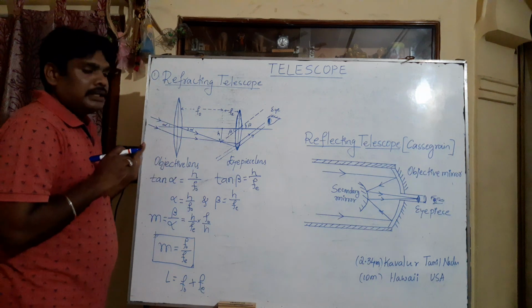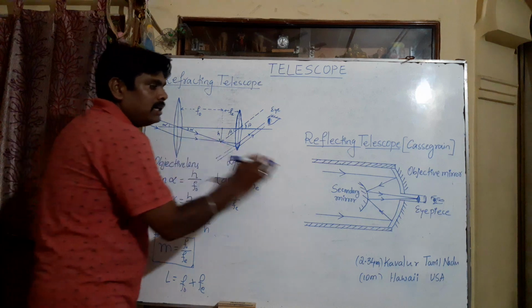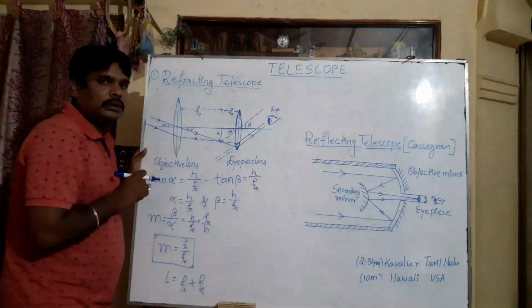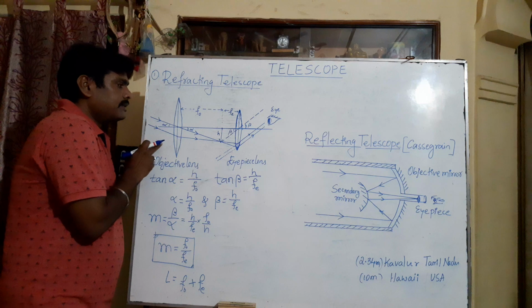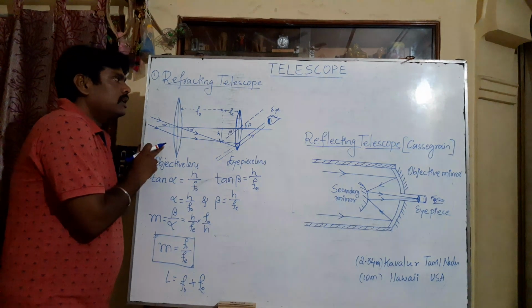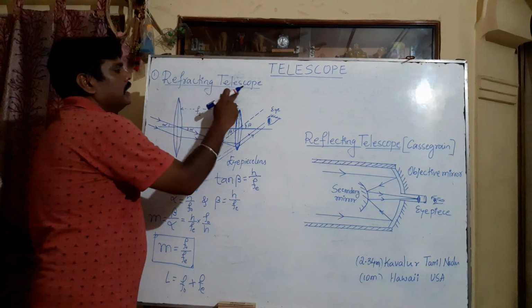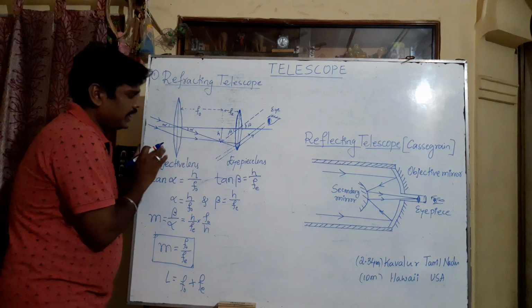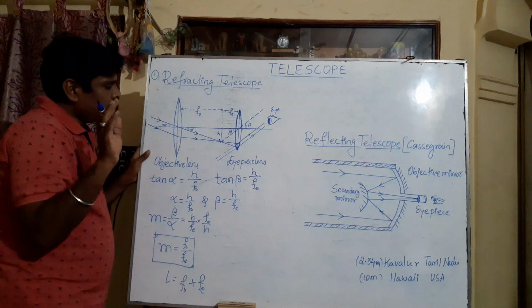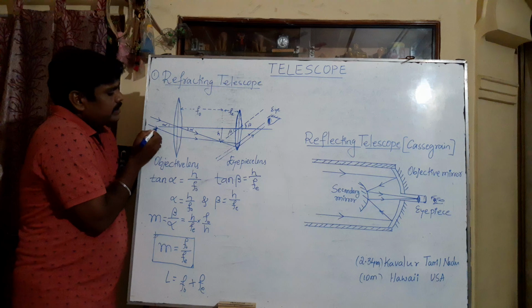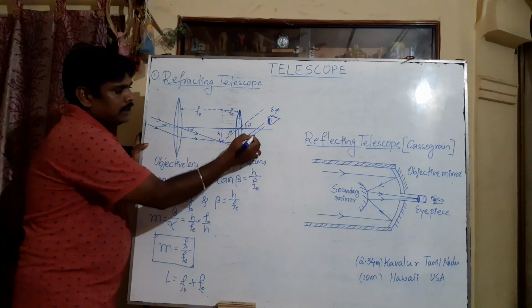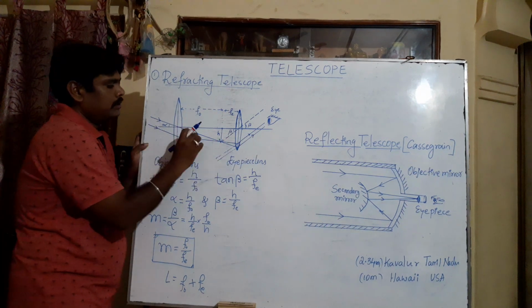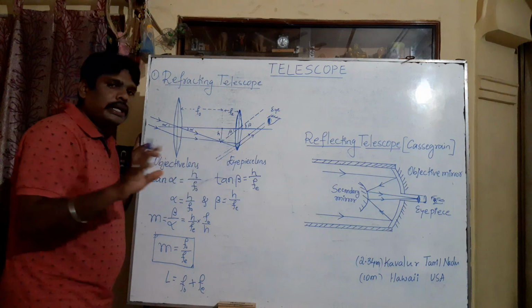In the examination, these diagrams are very, very important. For 2 marks, they will ask you to write the ray diagram of the refracting telescope. So you have to write this diagram. One important thing you have to remember is, if you miss these arrows, 3 pairs of arrows, you won't get the marks.